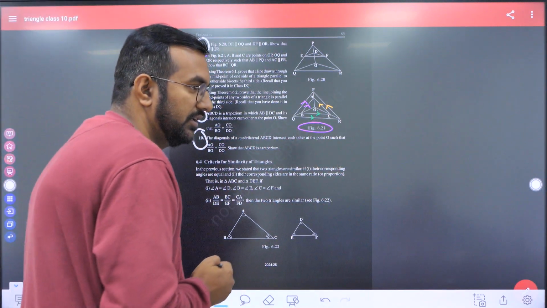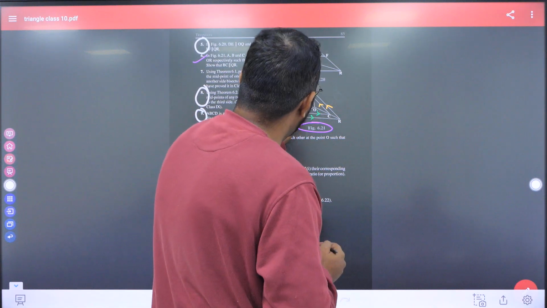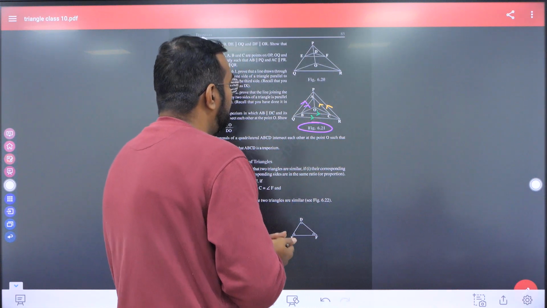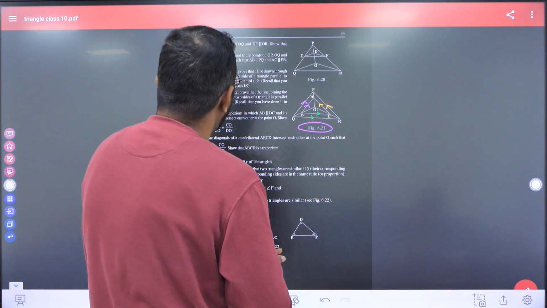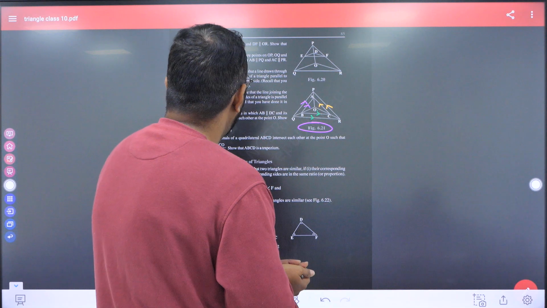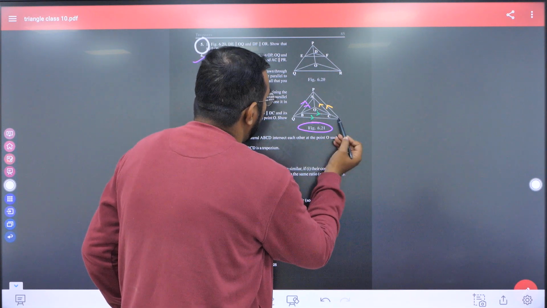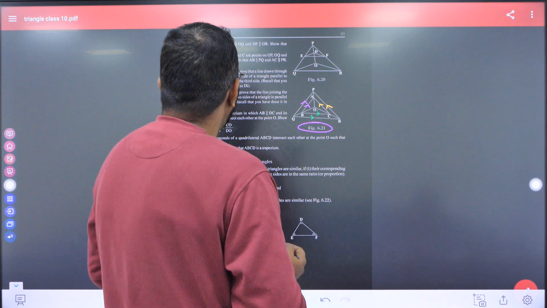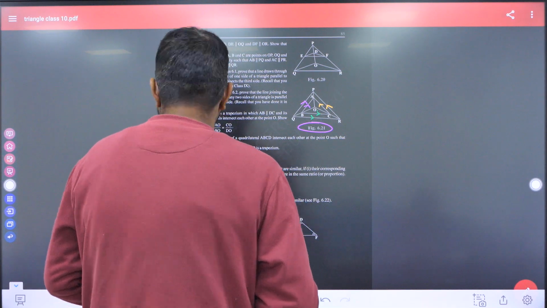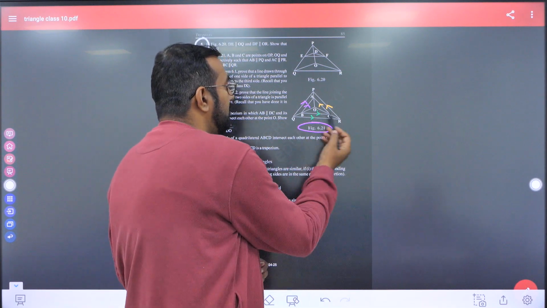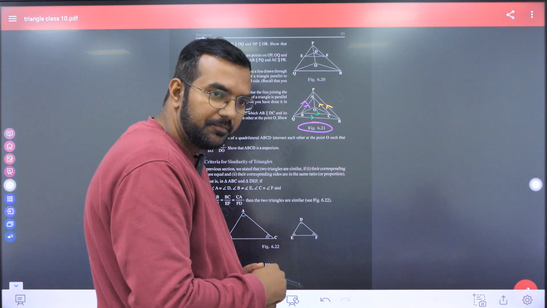Okay, it is given here. This AB is parallel to PQ and BC is parallel to QR and AC is parallel to PR. It is given. And we have to show that BC is parallel to QR.